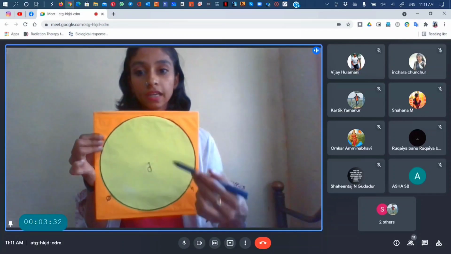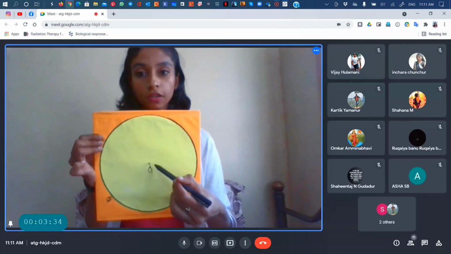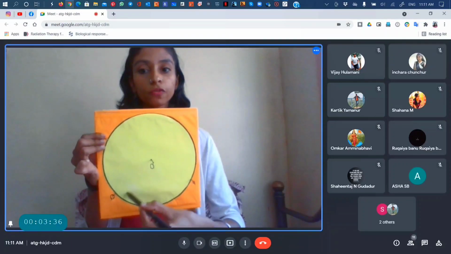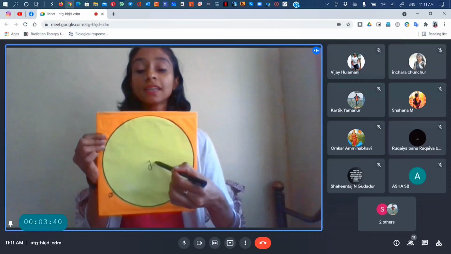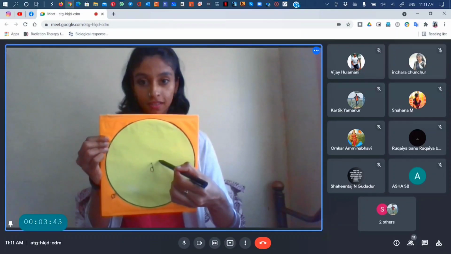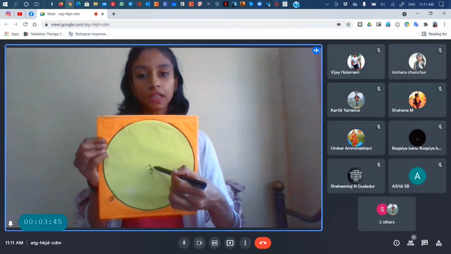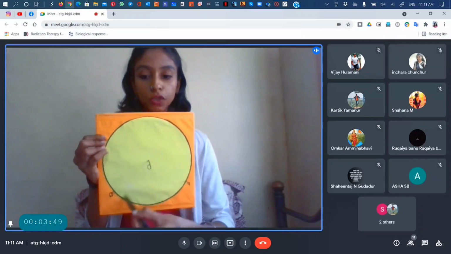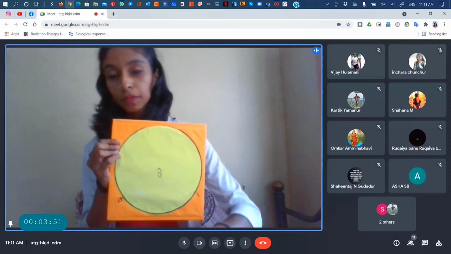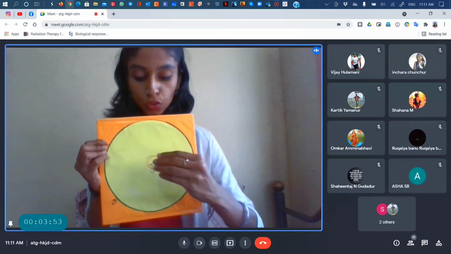The circle consists of what? The fixed point and the fixed distance from the point. And the fixed point is called what? The center of the circle, right? And the fixed distance that you keep, let me use a rubber band here and show you.